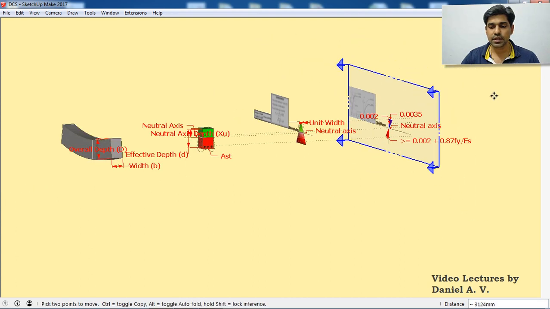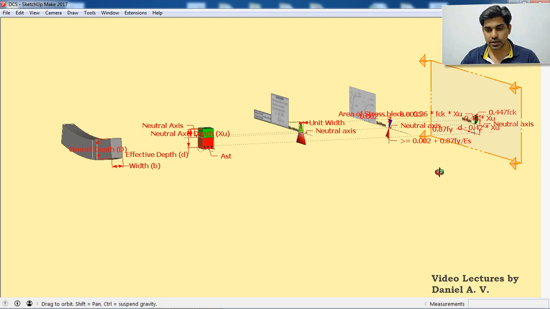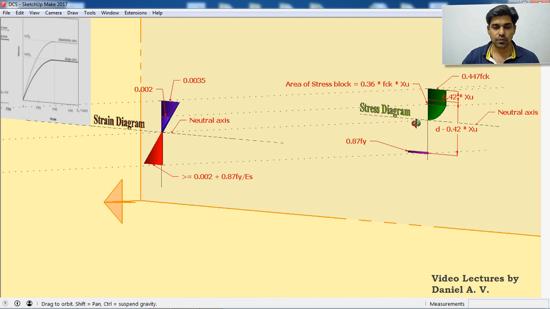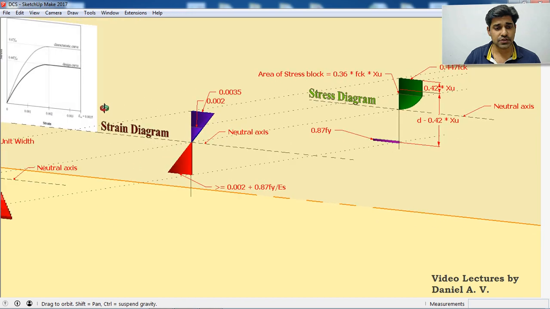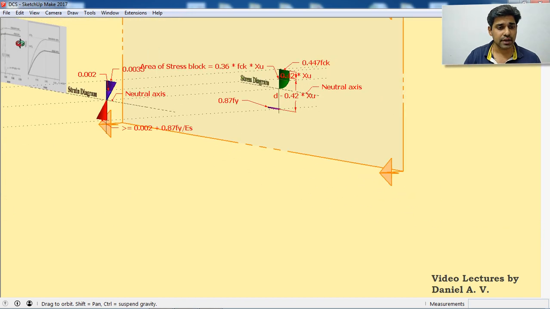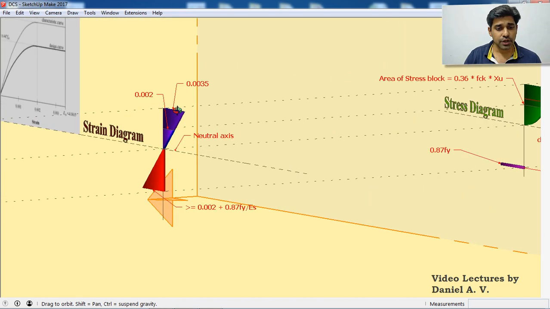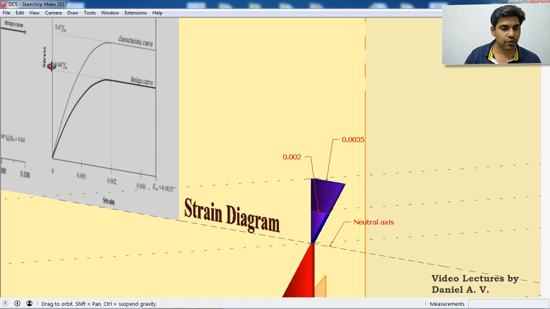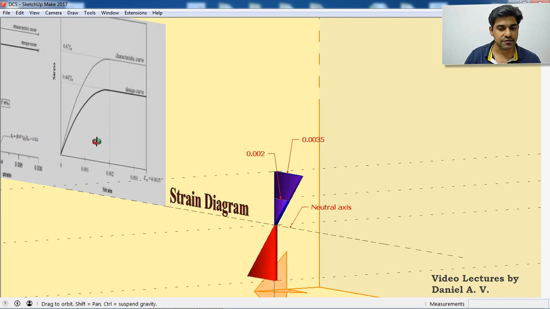So now we are going to think about the stress block. We are moving from the strain diagram to the stress diagram. Here we'll be using these two graphs, the stress strain plots, for getting the different values. You can see here, corresponding to a strain in concrete of 0.0035, we have the stress as 0.447 FCK.